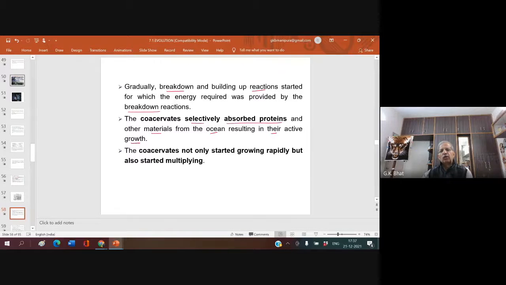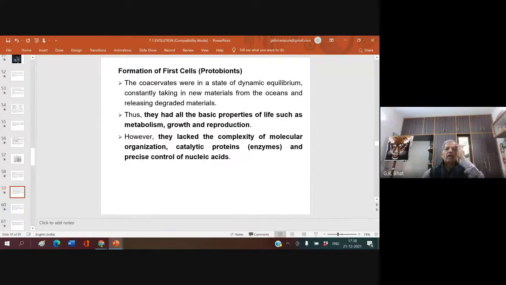So these coacervates, which are the aggregates of the organic molecules, developed a water envelope outside. Outside of that, a fatty envelope got formed, and now they started absorbing some nutrients from the outside ocean, resulting in active growth. The coacervates not only started growing rapidly, but also started multiplying. That means reproduction.